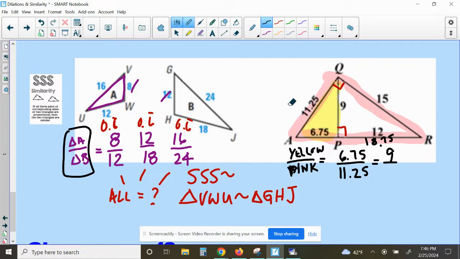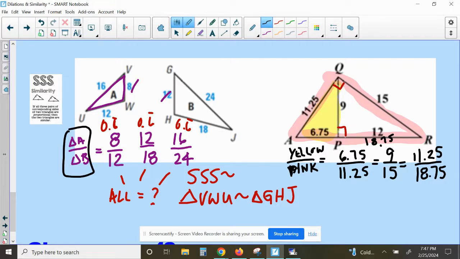So the 15 is going to be my medium. And then my longest side on my yellow triangle is going to be 11.25. And that's going to match up with my longest side on this one, which is 18.75.